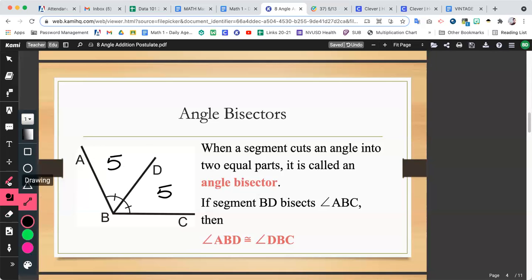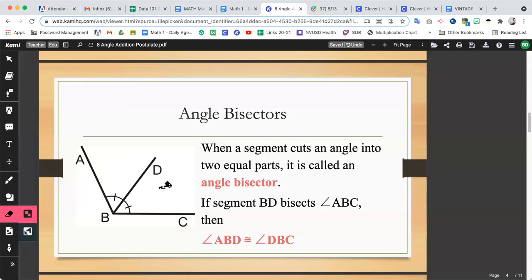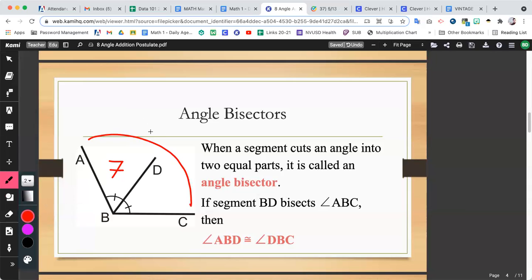Another way that we can think about it: if I were to say that this side was 7, then what would the whole thing have to be? 14. Very good. Because if this is 7, then we automatically know that this side has to be 7, and 7 plus 7 is 14. So there's two ways that you can think about this.